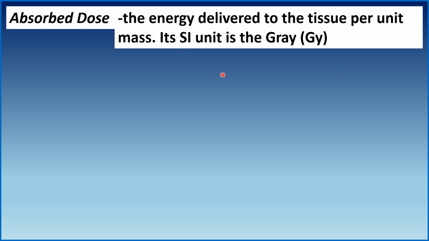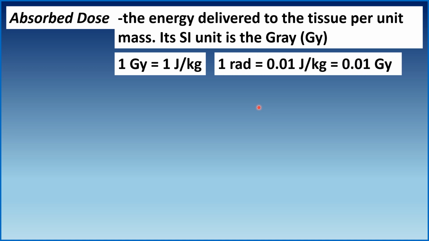Its SI unit is the gray. And 1 gray is equal to 1 joule of energy per kilogram of body tissue. An older unit is the rad, and 1 rad is equivalent to 0.01 joule per kilogram or 0.01 gray.